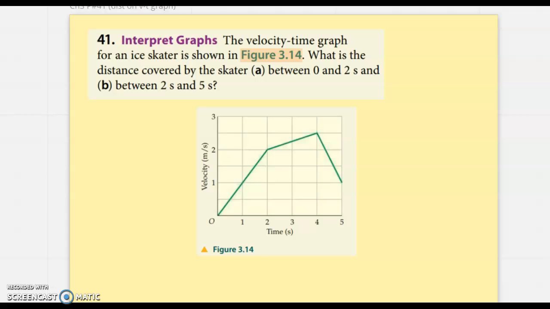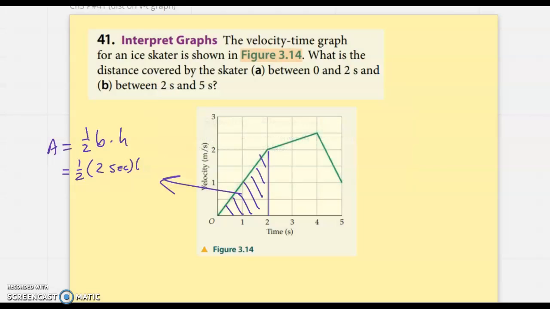So part A, the distance between 0 and 2 seconds, is equal to this area right here, which in the end is nothing more than the area of a triangle. That area is one half the base times the height, so 1/2 times 2 seconds times a height of 2 meters per second, which is 4 meters times a half, 2 meters.